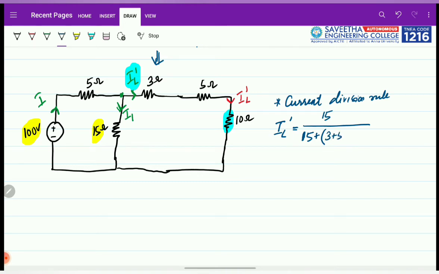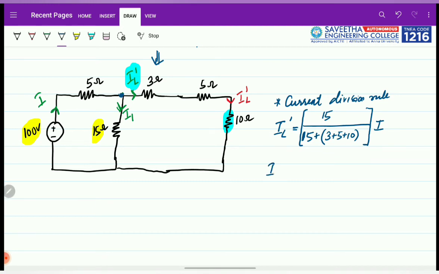This is multiplied by the actual current which is being split at this node. So if I am able to find the capital I, that is the main current, then I will be able to find IL dash.